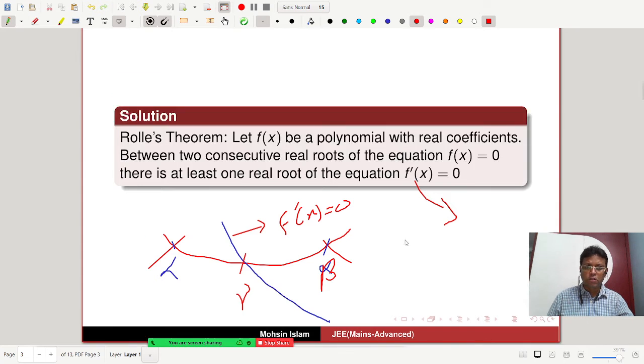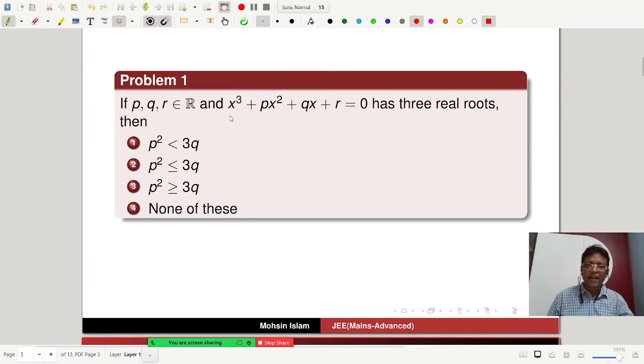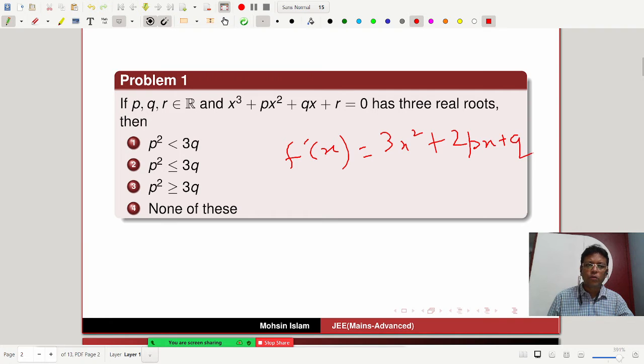I will use this. So it is said that this cubic equation has three roots. So let us find the derived polynomial. What is the derived polynomial? 3x squared plus 2px plus q. This is the derived polynomial, f prime x equal to 0.